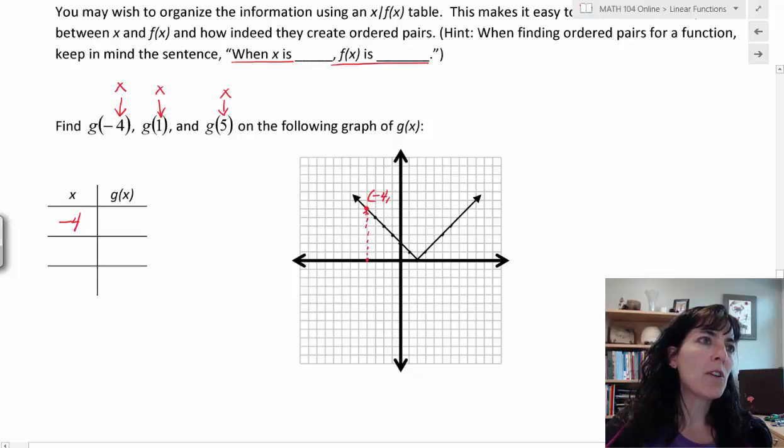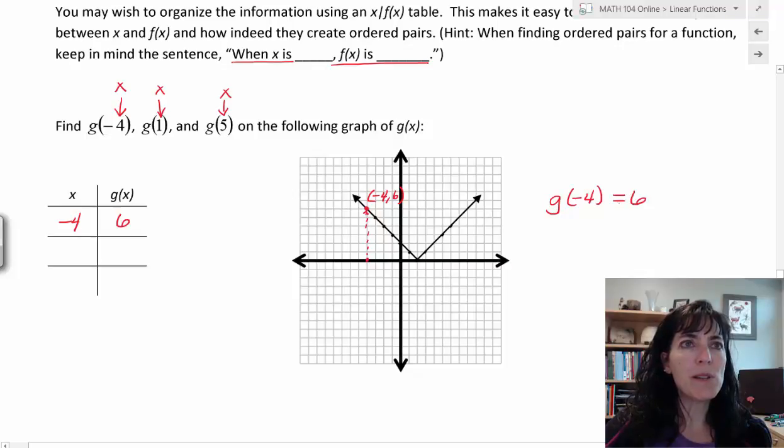So (-4, 6) is an ordered pair on my graph. And so the g of x that goes along with an x of -4 is 6. And we write that in this format, g of -4 equals 6. That is another way of saying we have an ordered pair, (-4, 6), that's on our graph.